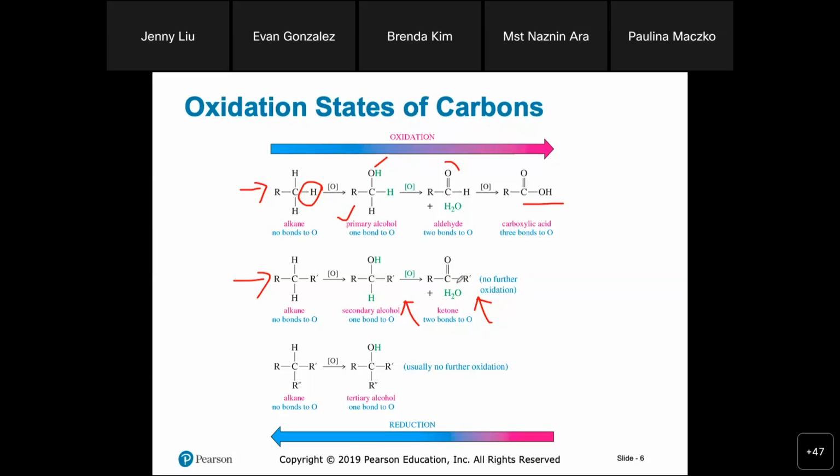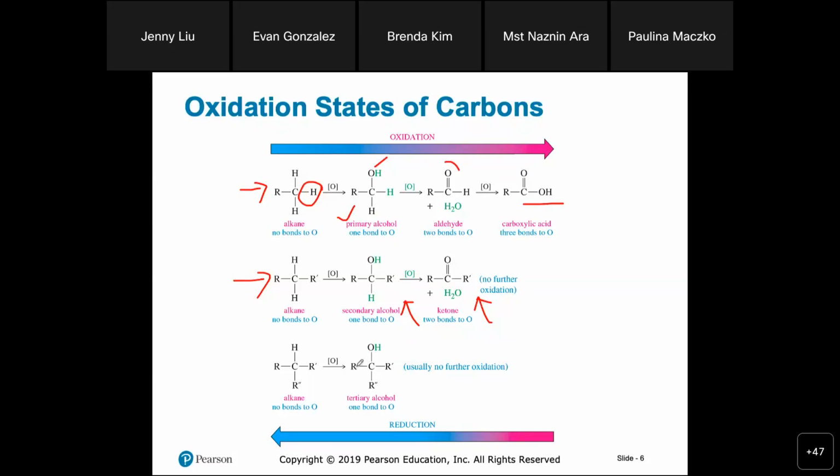If you want to do oxidation, you have to look at the alpha carbon, which means the carbon directly attached to hydrogen and the functional group. If you don't have any more hydrogen, you don't have any option to remove hydrogen and add oxygen. Therefore, for the secondary alcohol, the oxidation stops at the ketone.